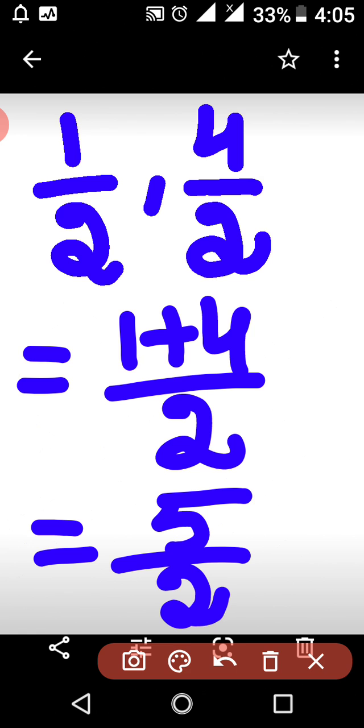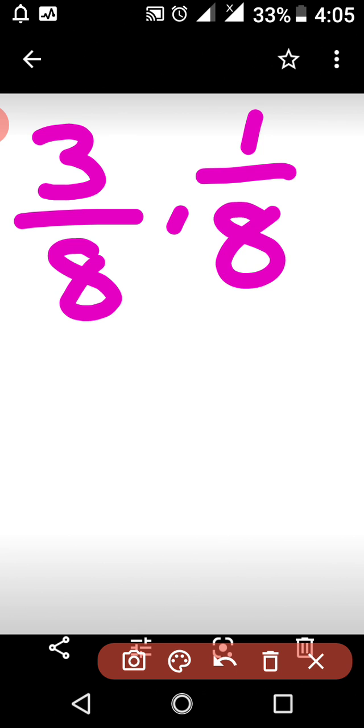Take one more example. 3 by 8 and 1 by 8. These two are also like fractions because the denominators are the same. Now for like fractions, what is the rule? You just add the numerators by keeping the same denominator once.